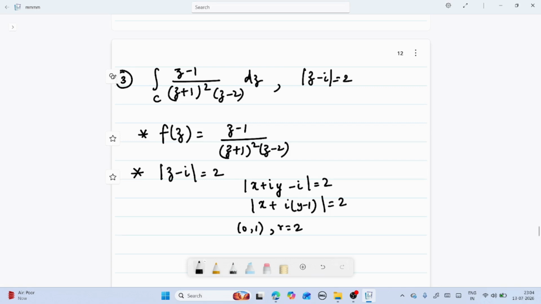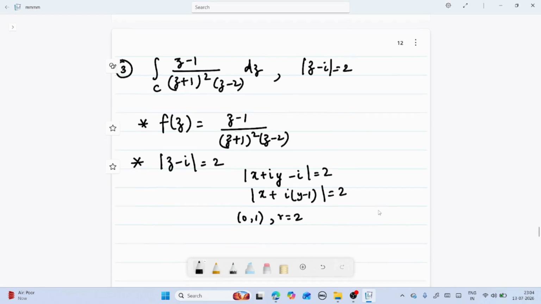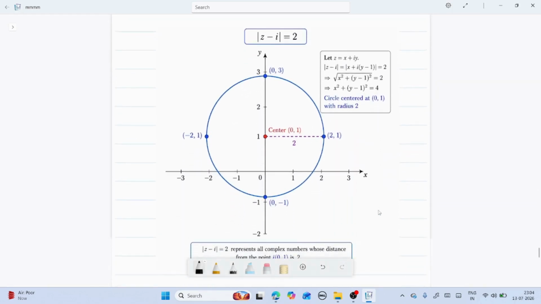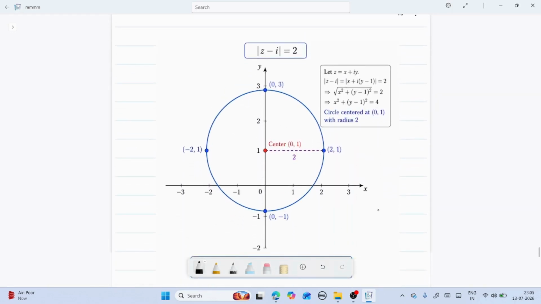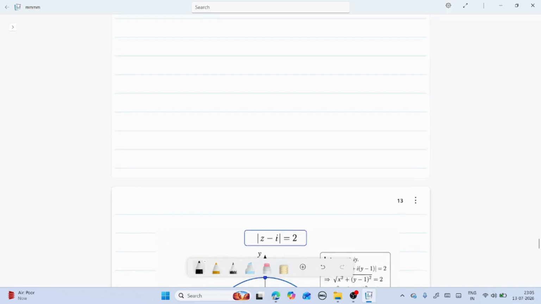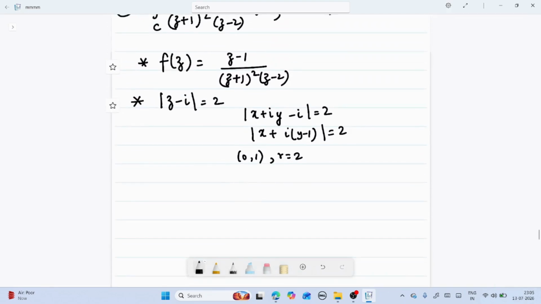So what do we do? We just plot this circle on a graph. This is just for your understanding. You can just see this graph. The center is at (0, 1) and the radius is 2. Okay, so this is the circle. Now from the given question, we will first identify the poles.